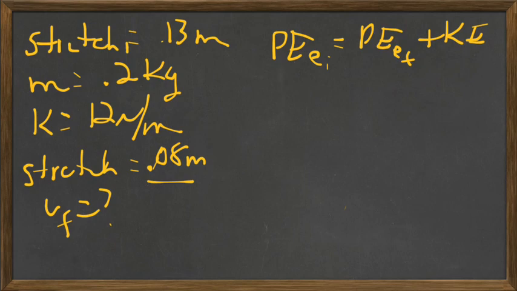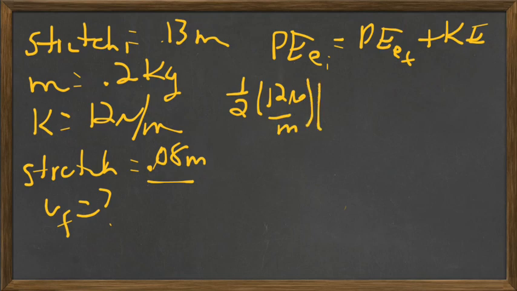My elastic potential, 1/2 k, which is 12 Newton per meter, my stretch is 0.13 meters squared. Now that's not your relaxed length. That's actually a stretch that I put into the system.